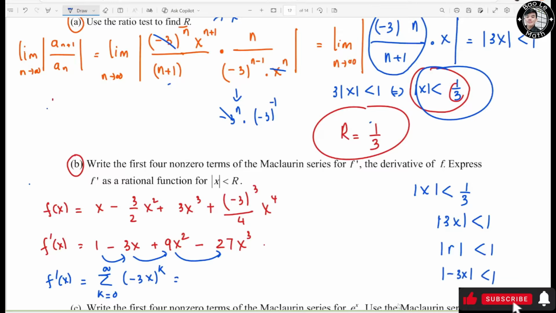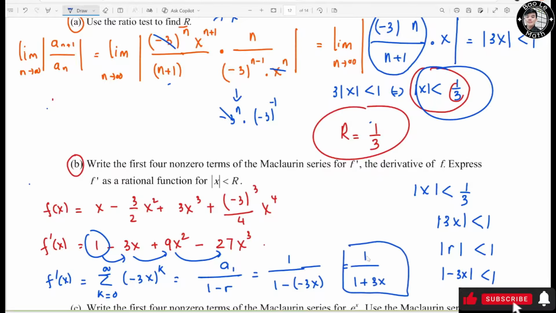So by the geometric series, the series converges to a sub 1 over 1 minus r. It's going to be a sub 1 right here, 1 over 1 minus negative 3s, so it could be 1 over 1 plus 3s, and this guy is actually the rational function.